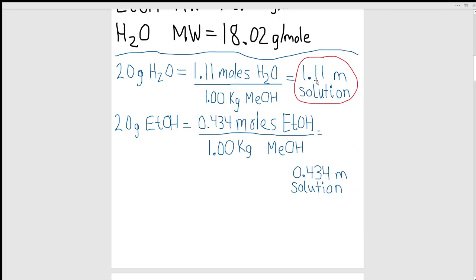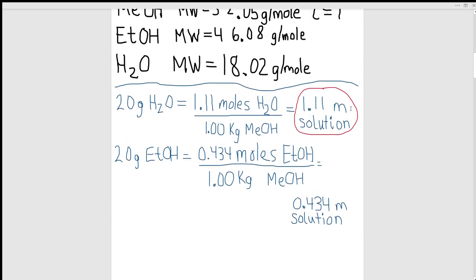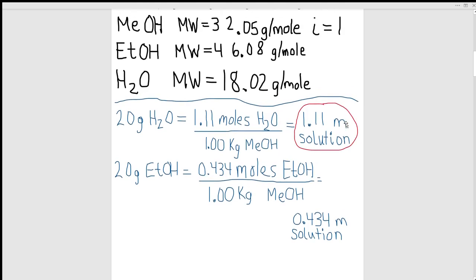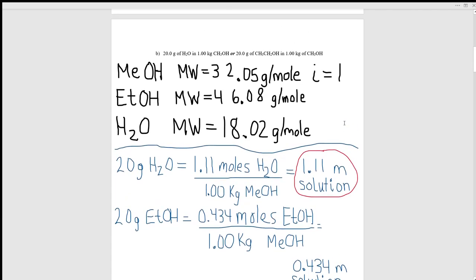Obviously, 1.11 molal is larger than 0.434 molal, so since this solution has a larger molality, it's going to give us a larger ΔT_f value, which means that 20 grams of water dissolved in 1 kilogram of methanol is going to be the solution that has the lower freezing point.